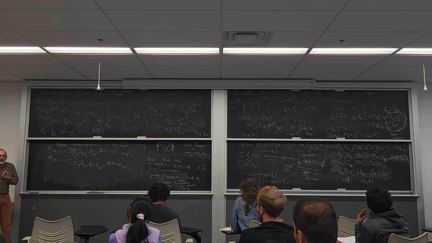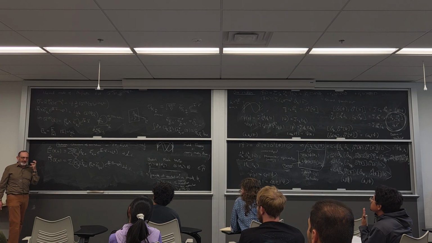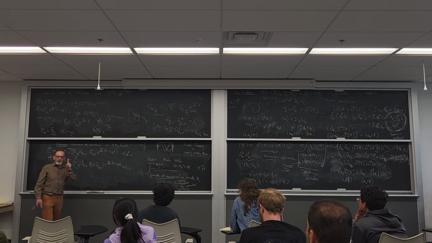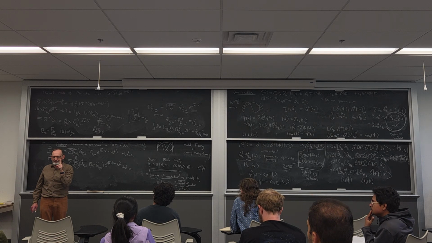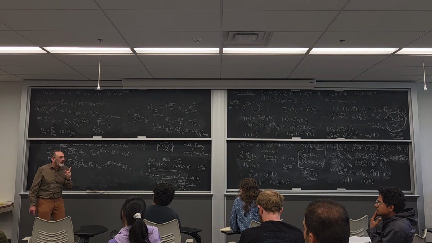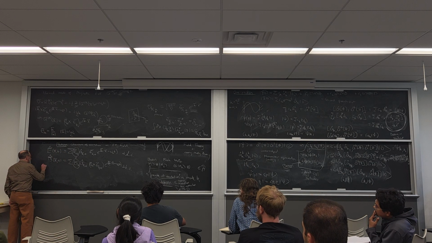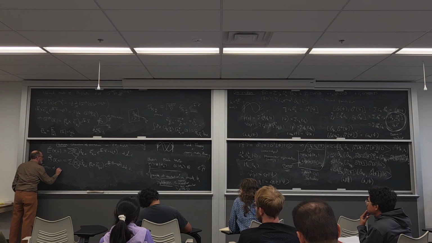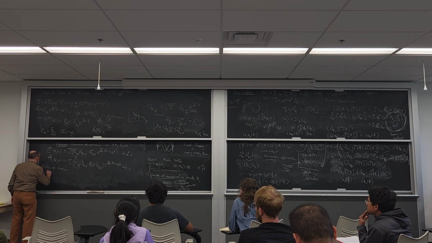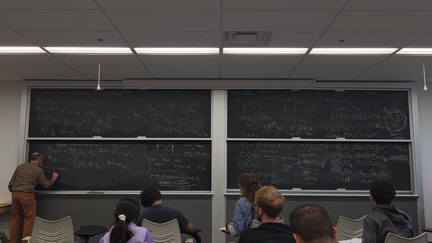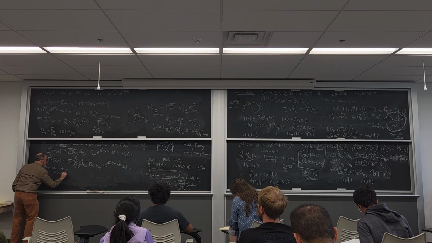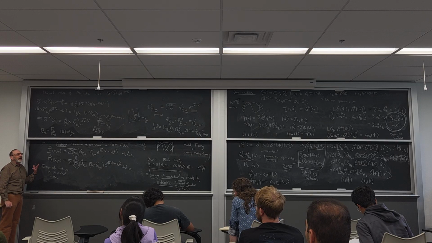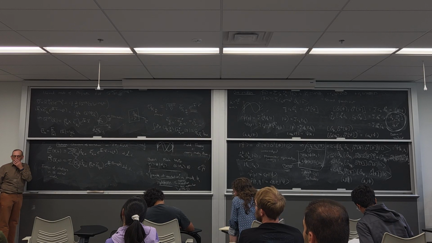But just before we quit, what if we wanted to estimate the electric field associated with one photon? What we know is that the energy of a photon in a normal mode that has frequency omega is H bar omega.